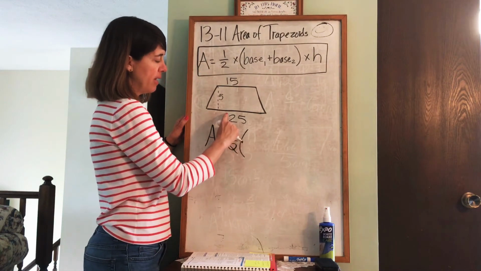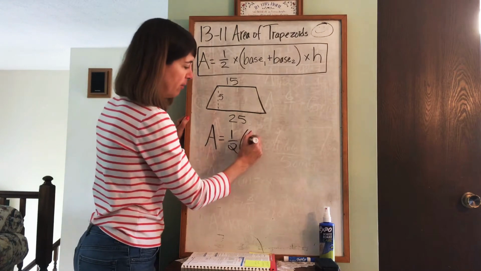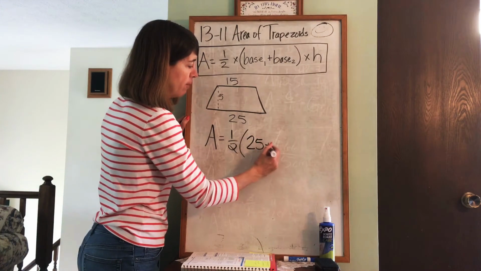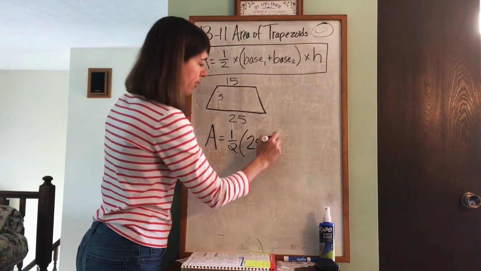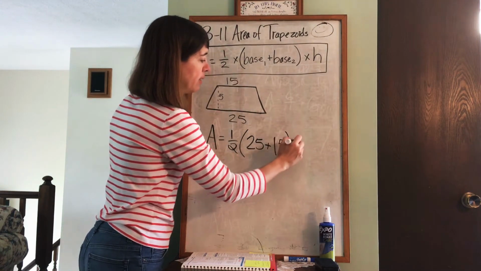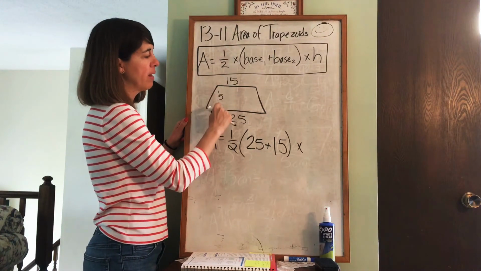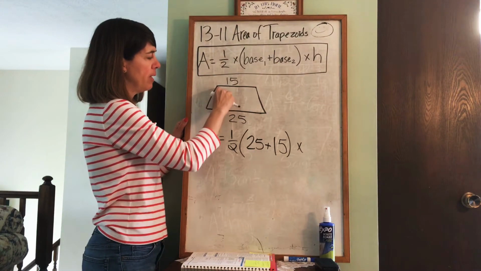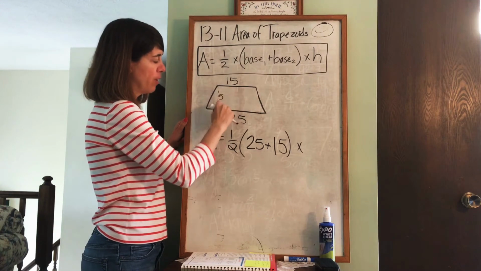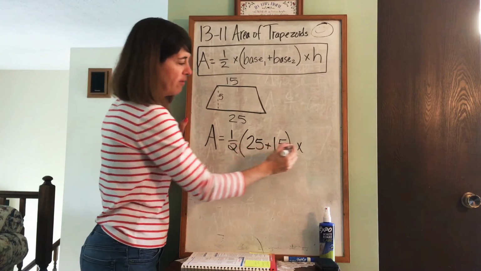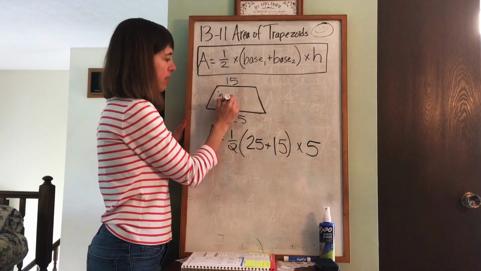So I typically take the bottom number first on my figure as base 1. So I'll do that. 25 plus base 2, that's the line that is parallel, and that's 15, times the height. The height they draw in using a dotted line because you need a line that's going to connect you from base 1 to base 2, and so that happens to be a measure of 5. These were all inches. I should have written that in there.